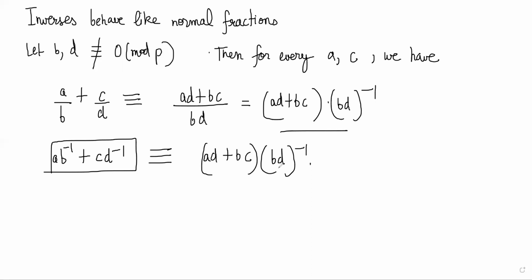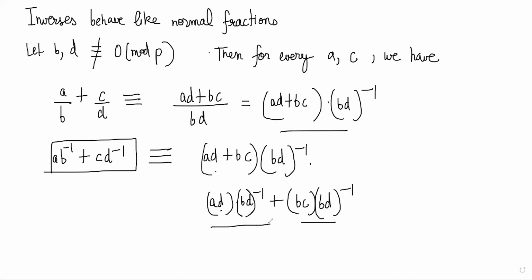You can prove this easily by taking it inside: ad into bd inverse plus bc into bd inverse, so we cancel d and b. You should get the same thing, because you get b inverse and d inverse, and here you get a d inverse and here c d inverse.